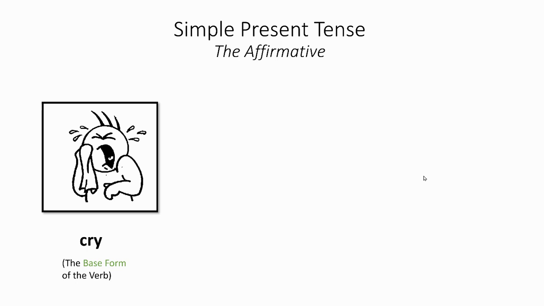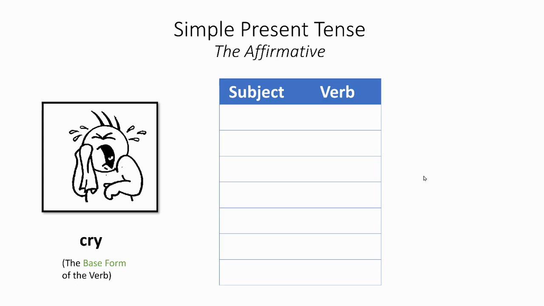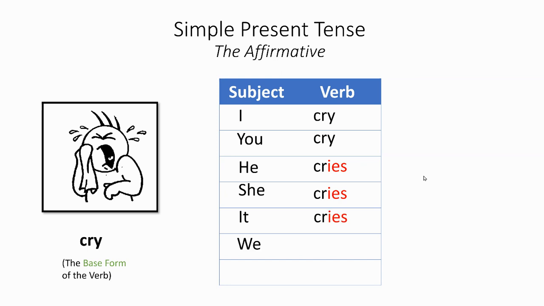Let's look at the verb cry. Cry. I cry. You cry. He cries. She cries. It cries.